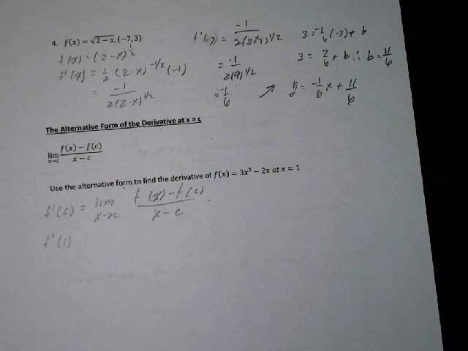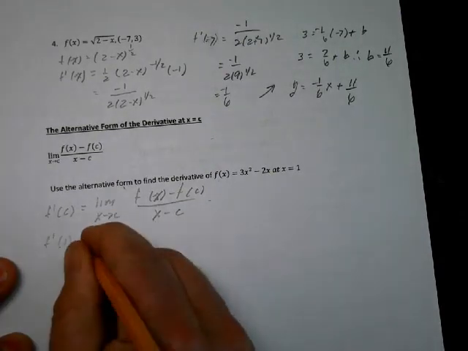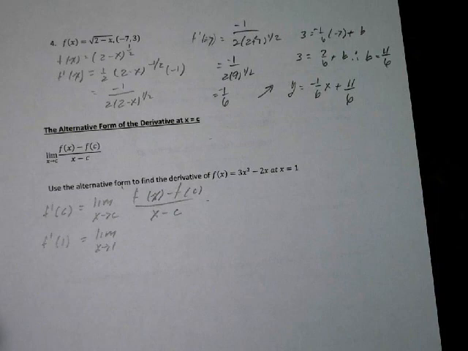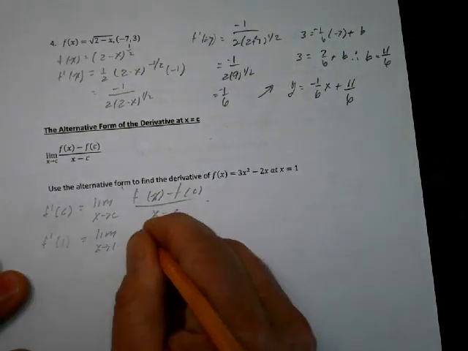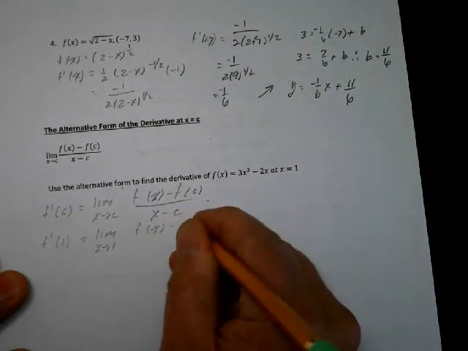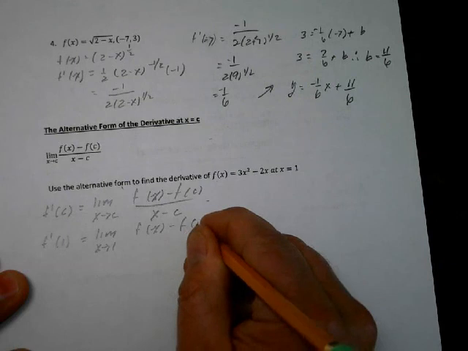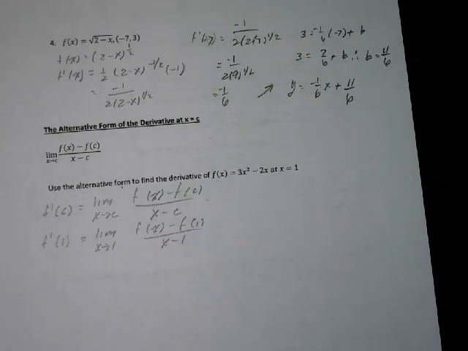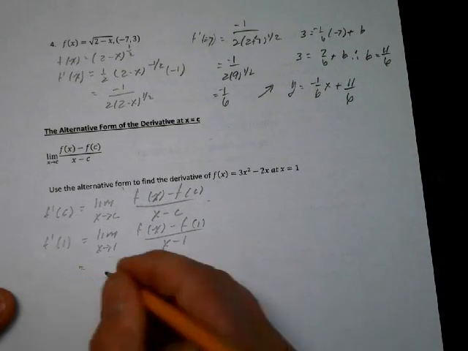Now I'm going to take a look at the limit, f prime of 1. This is going to equal the limit as x approaches 1 of f of x minus f of 1, divided by x minus 1.